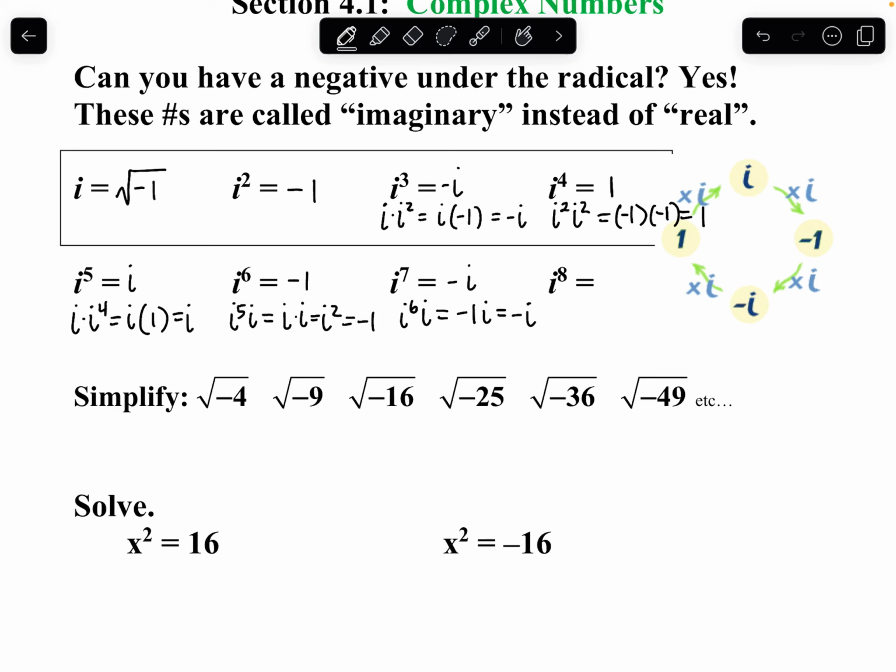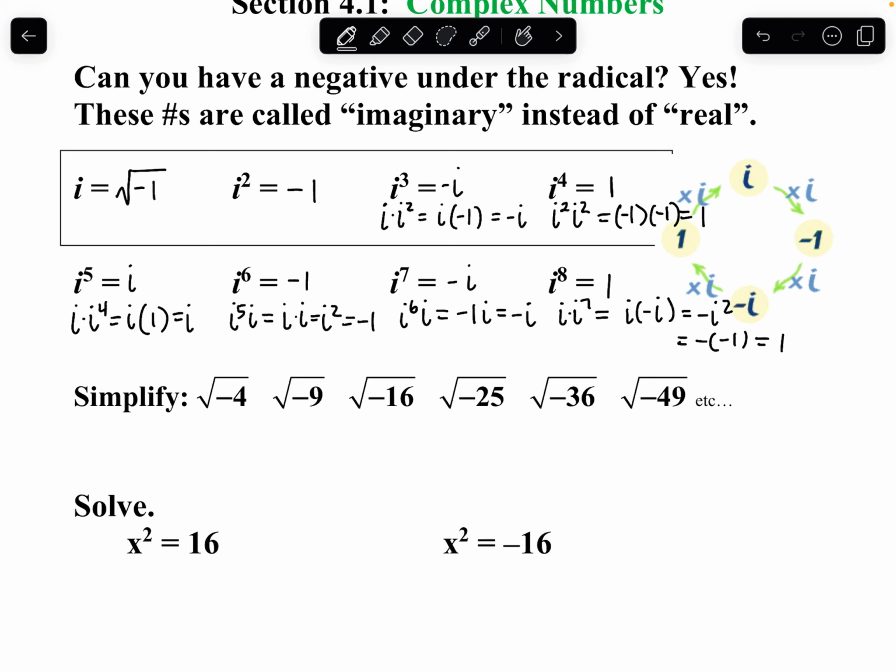And then i to the 8th is i to the 7th times another copy of i. i to the 7th is -i, and -i times i is -i squared, which is +1. And we're back to +1.